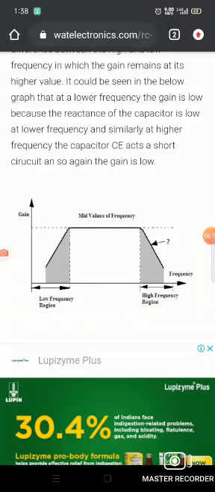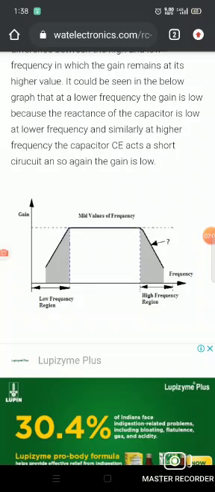So we get this response depending on the coupling network. That is considered the audio frequency response, because in the practical operation of the amplifier you get responses like these at the different frequency variations at the input.